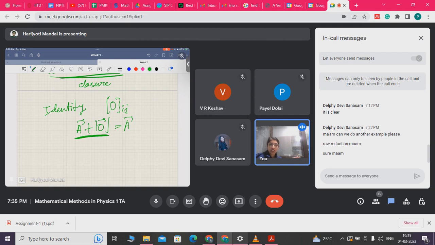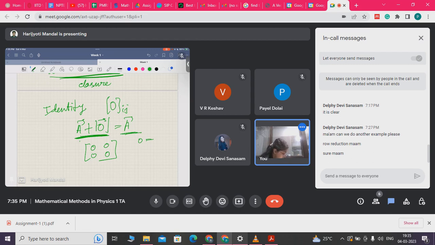If you know the concept of a group under addition, the condition for a vector space is the same. So we need to add something to A that gives us back A, so all the entries have to be 0.